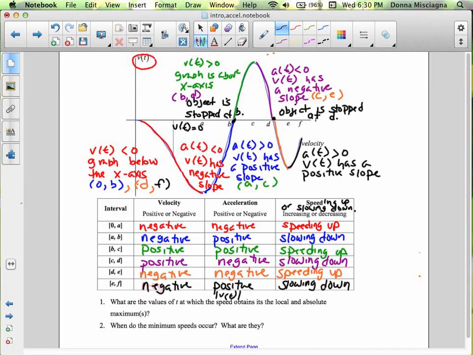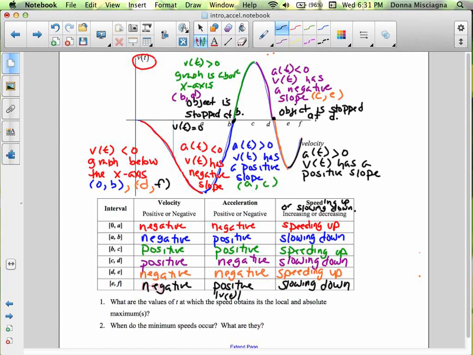Personally, it's hard for me to tell. It's one of two, right? So remember, speed is always positive. So the part of the graph that's below the x-axis would be reflected above. I think at A. A looks a little bit bigger than C, but I would say either A or C. It's hard to tell in the graph.